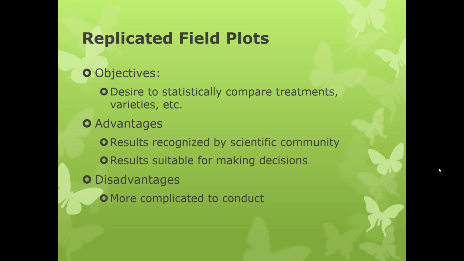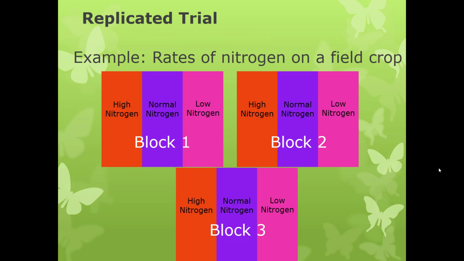Some disadvantages are they're way more complicated to conduct. When we look at a replicated trial, the way that we orient our experimental design gets a little bit more complicated. So again, if we were using that same scenario where we were trying to determine the rate of nitrogen on a field crop, and we had high, normal, and low, in order for it to be a replicated trial, we would have to actually have 3 different fields in this trial.